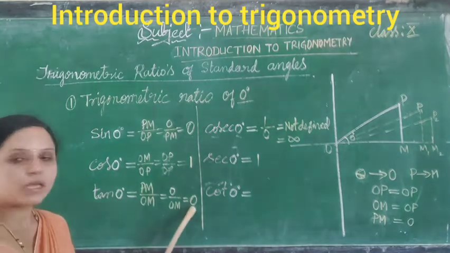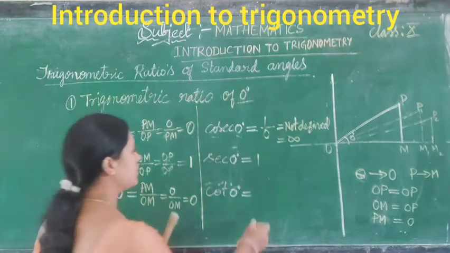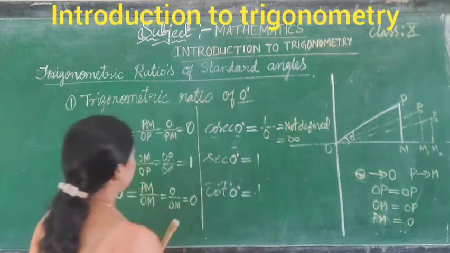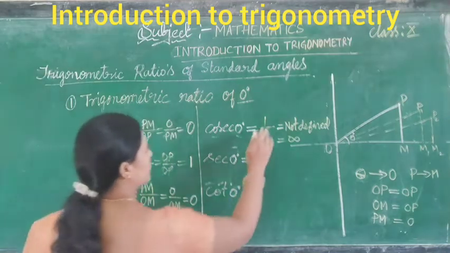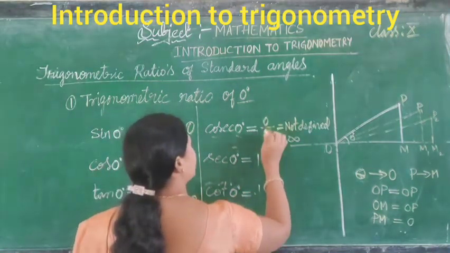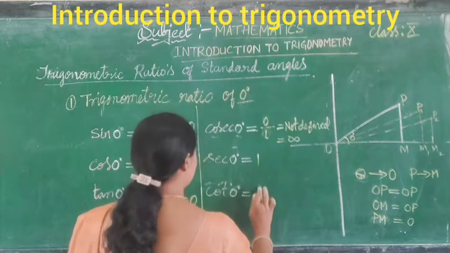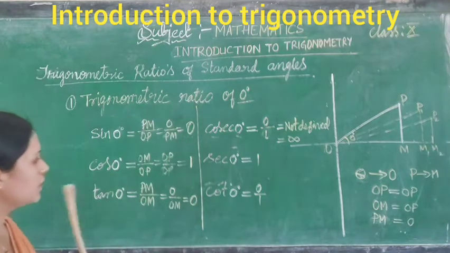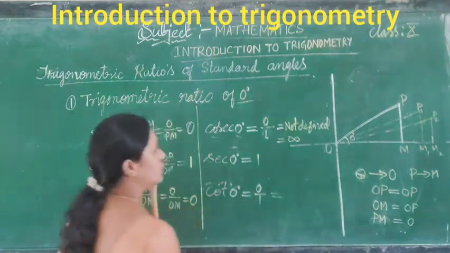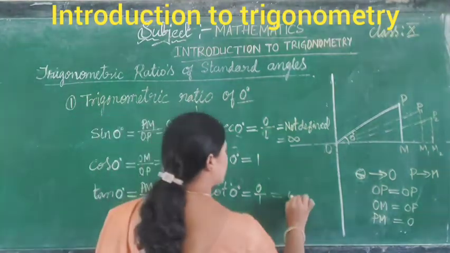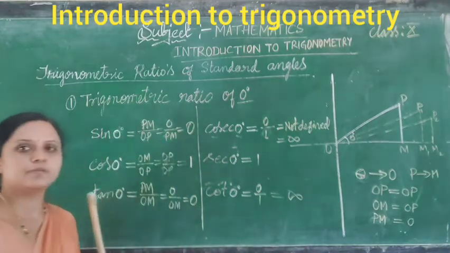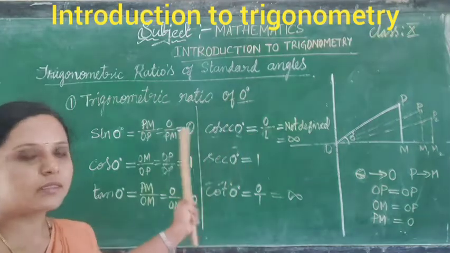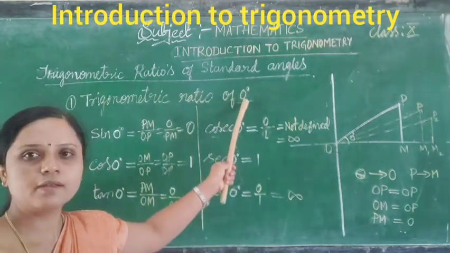Tan 0 value is 0, so the reciprocal of 0 means 1 by 0. So it is also not defined, and the value is infinity. In this way we can find all six trigonometric ratios of angle 0 degree.